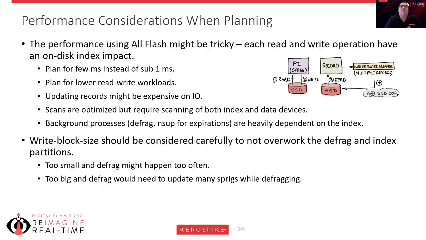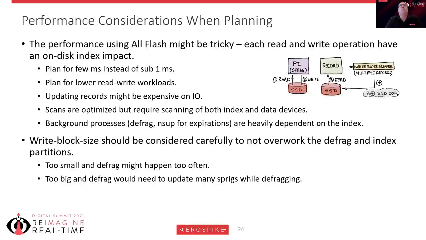Whenever we are planning the performance for all-flash, it might be a little bit tricky, because read and write operations now involve more than one I/O operation per actual logical operation. We'll need to update the index, we'll need to update the record, we might need to update more than one sprig, and so on and so forth.